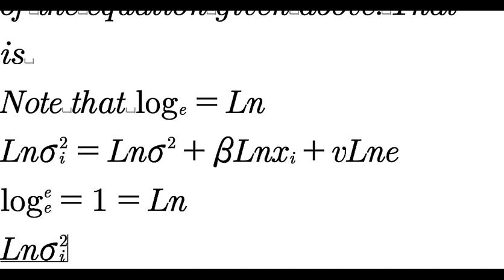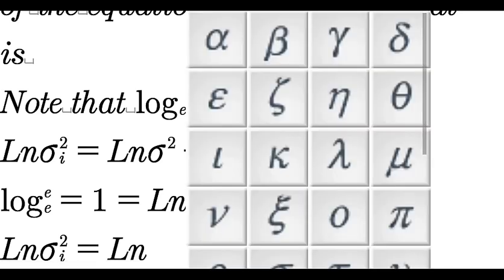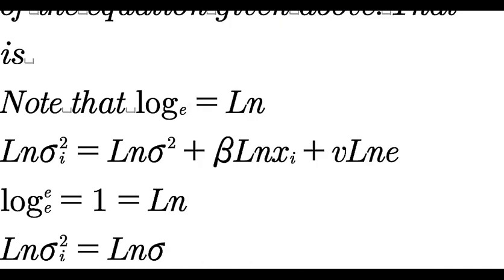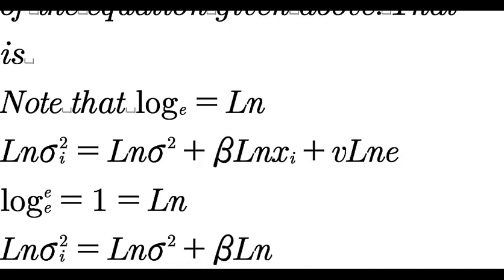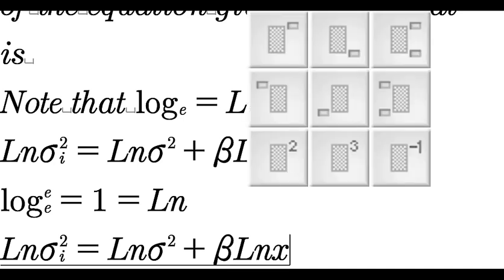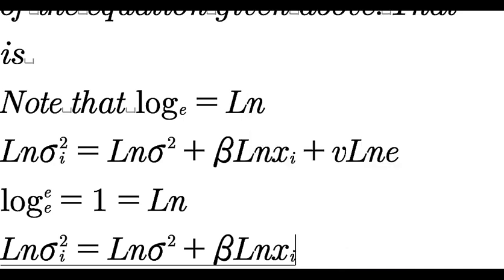We have written ln sigma I squared equal to ln of the constant, that is ln of sigma squared, plus beta ln xi, plus v. This stands as the error term. Let's name this equation, let's call it equation A.